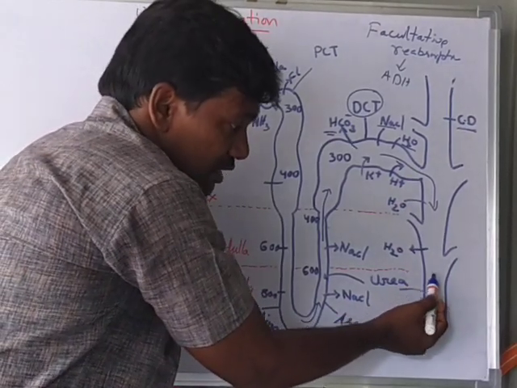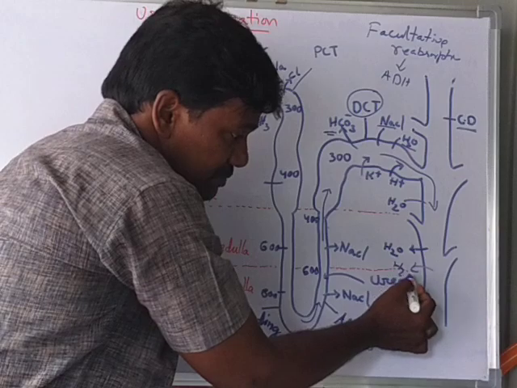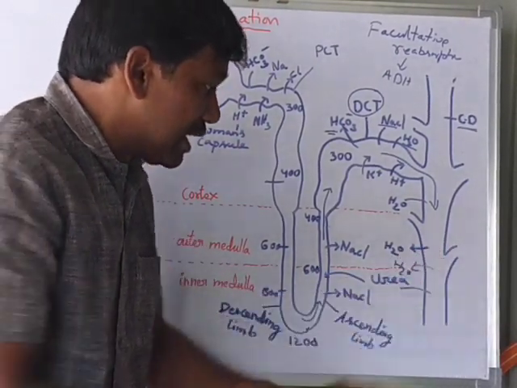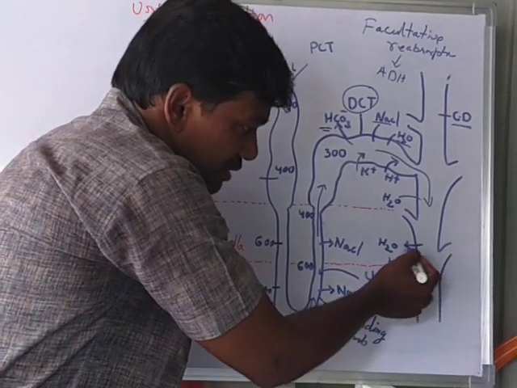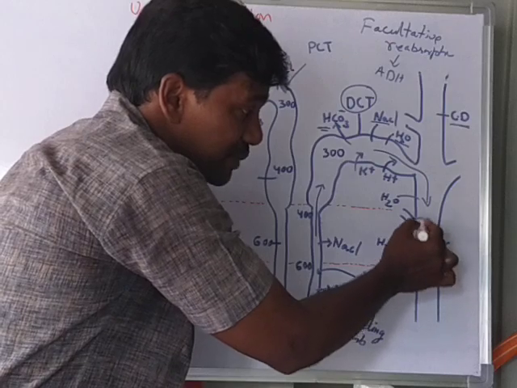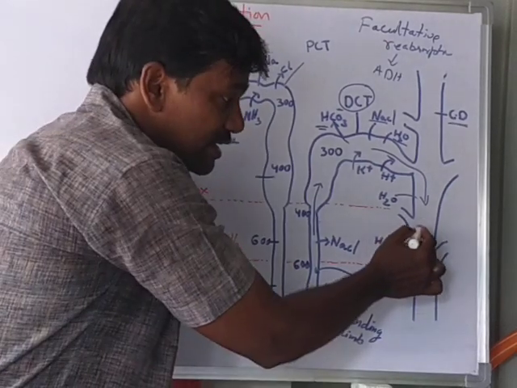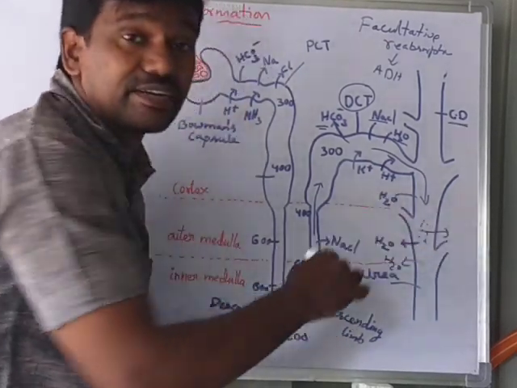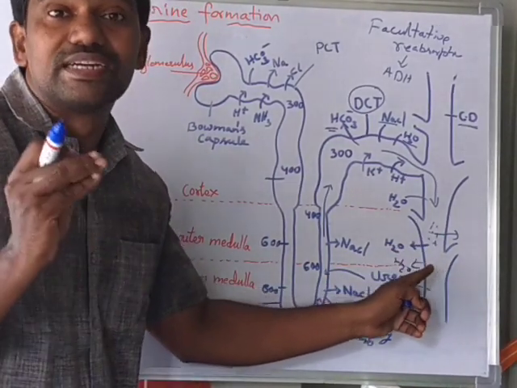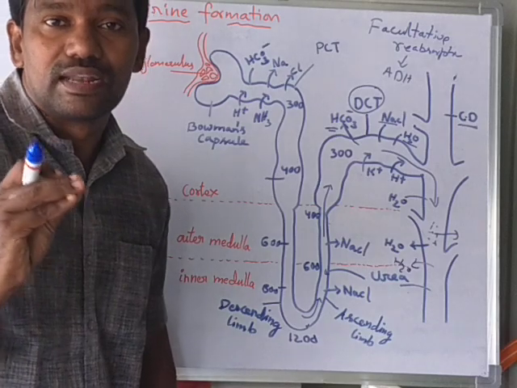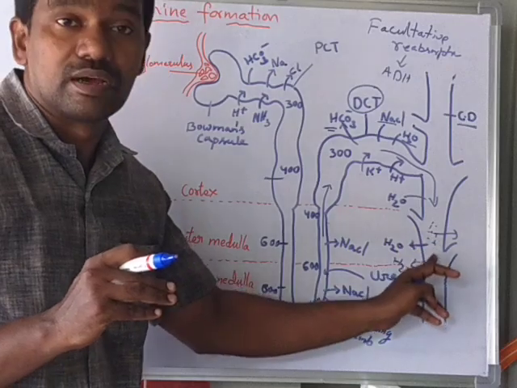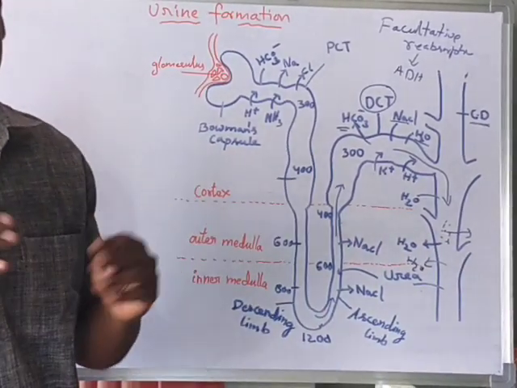When the water comes outside, the filtrate fluid becomes concentrated because a lot of water comes out. Then the filtrate fluid only contains electrolytes, urea, uric acid, and creatinine.